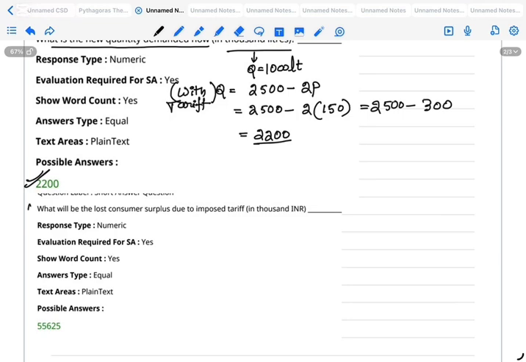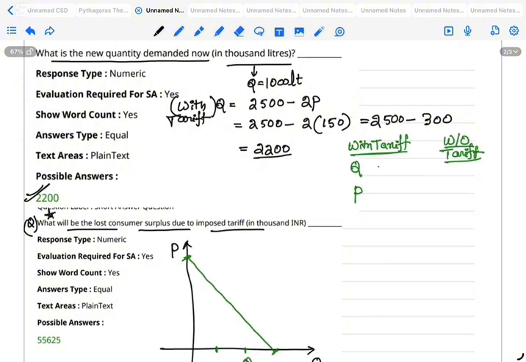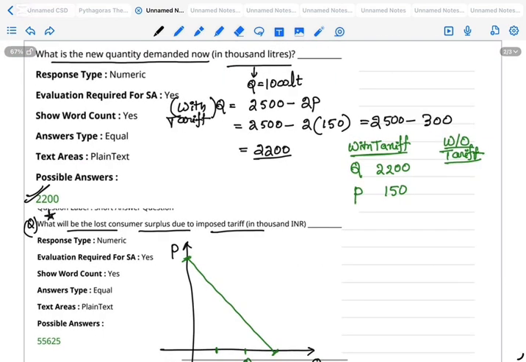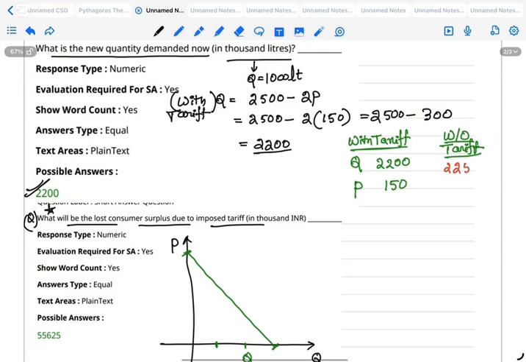The next question is, what will be the lost consumer surplus due to the imposed tariff? With tariff, the quantity equals 2200 and the price equals 150. Without tariff, the quantity is 2250 and the price equals 125.